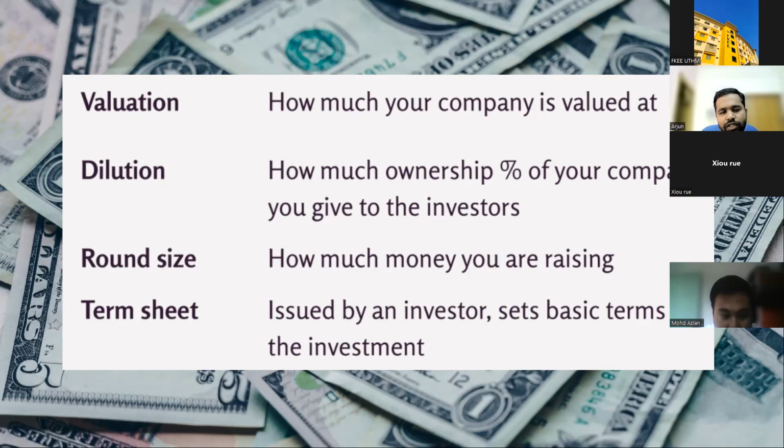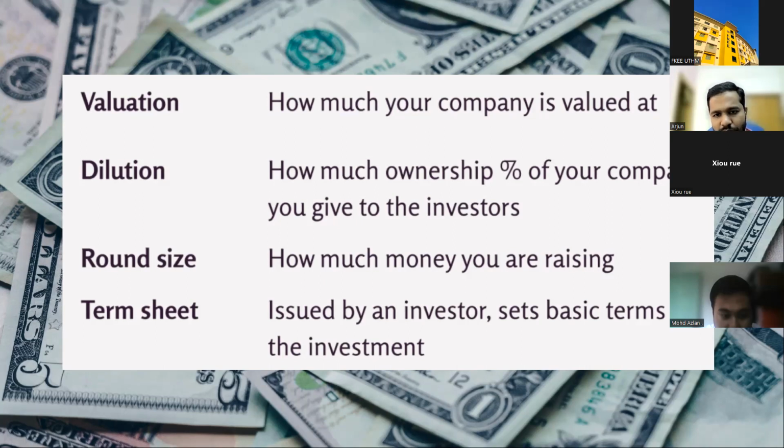That is how much share of your company you give to the investor. So when you raise money, you will dilute your company. When you raise your first round, the first funding, you give them 10%. Then you raise the next round, then you give them some percentage. Every time you raise money, you give some percentage of your company to the investor.